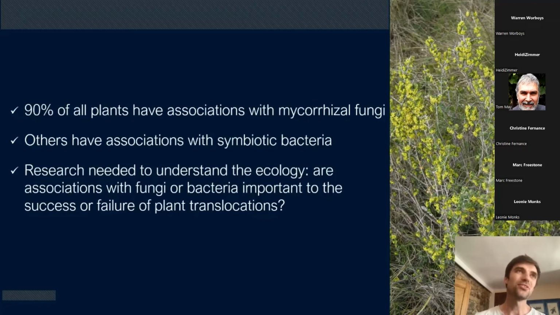But we know almost nothing really about the role of mycorrhizal fungi and bacteria, symbiotic bacteria, in the success or failure of plant translocations. And it's kind of a bit harder, I think, than dealing with orchids, because with orchids, they're so extreme, like they won't germinate without their fungi.